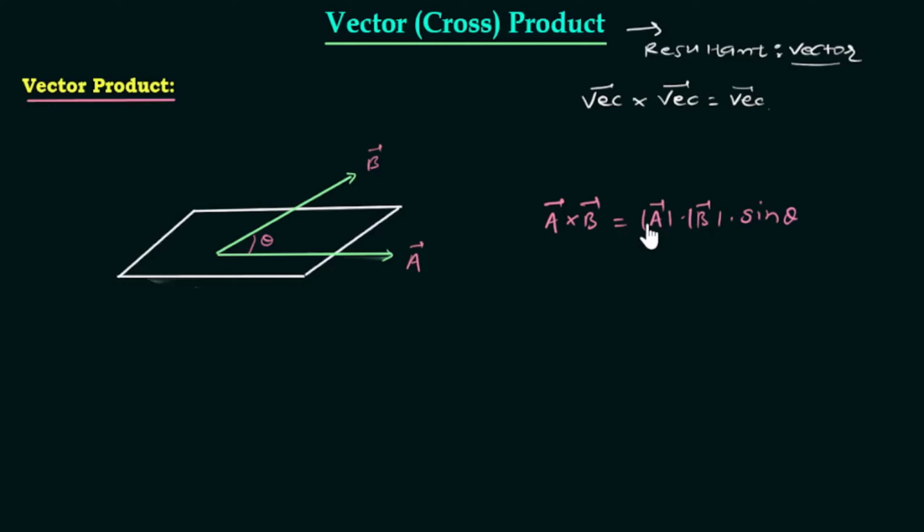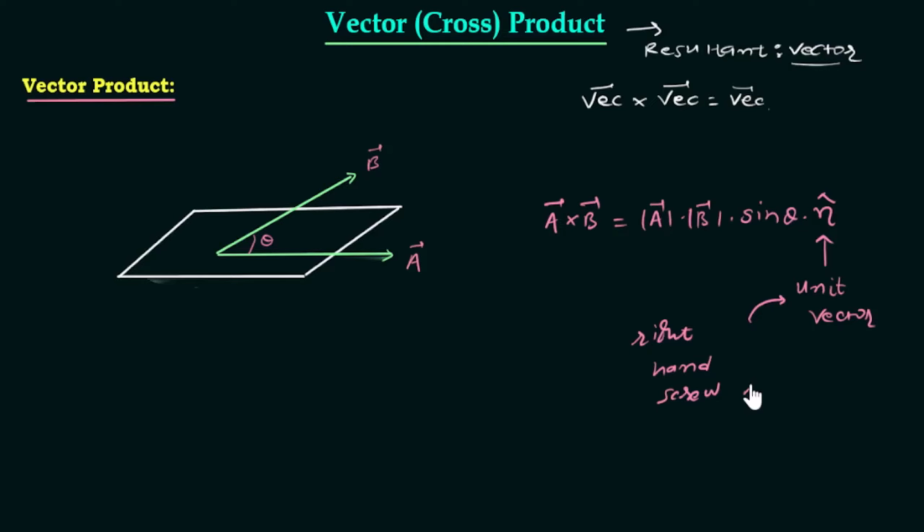a vector n cap. Basically n cap is your unit vector. The direction of this unit vector is determined by the right hand screw rule.